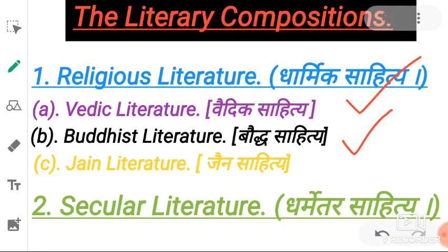The religious literature is there, dharmik sahit, and the second one is secular literature, dharmetar. In Hindi it is known as dharmetar sahit, in which we are going to know about the different kingdoms of the past. Some books I will name: Mudra Rakshas, Katha Sagar, Vrihad Katha Manjari, Vikram and Betal.